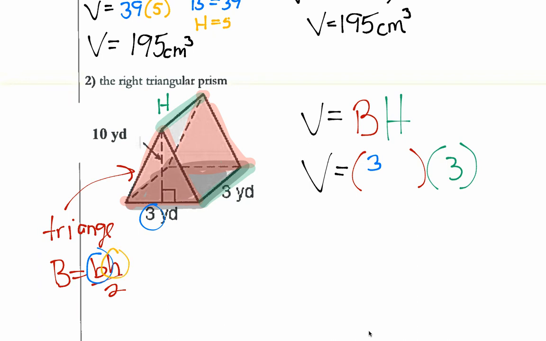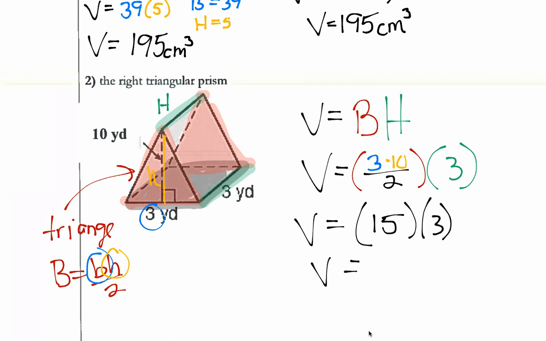What is the height of the triangle? 10. So volume equals 15, that's 30 divided by 2 times 3, 45 cubic yards.